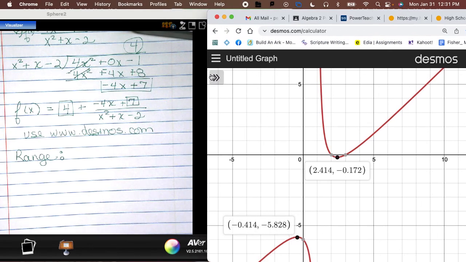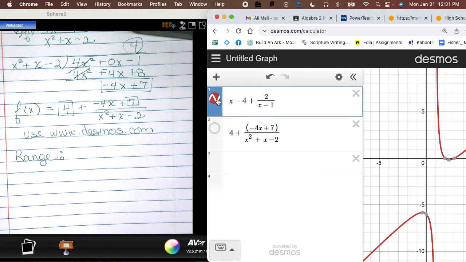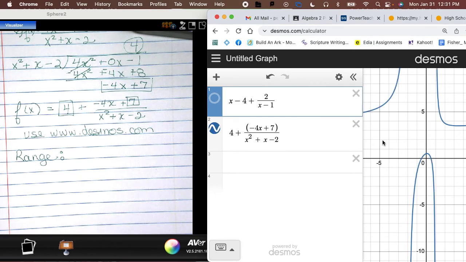There we go. If you remember, if you're putting in a fraction, you've got to put the parentheses around the numerator so it turns into a fraction. I didn't have to do that up here because the 2 was just a number.